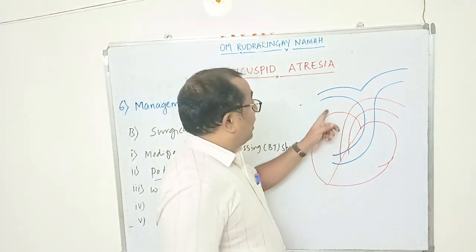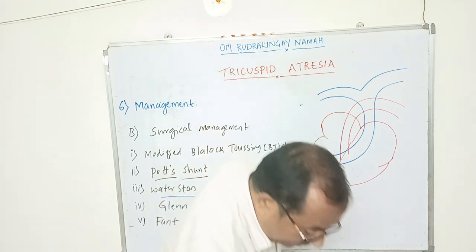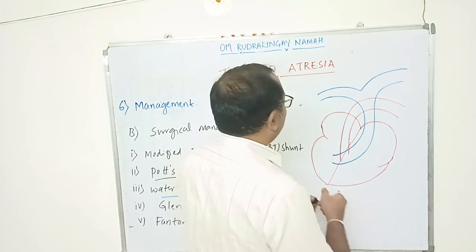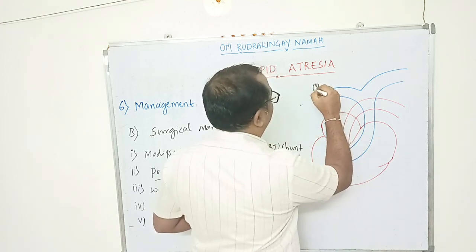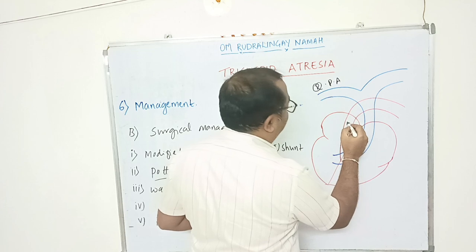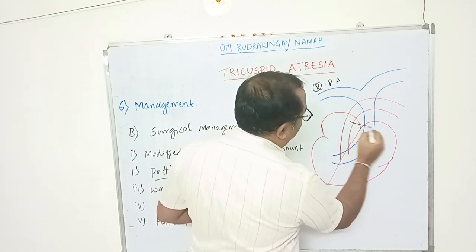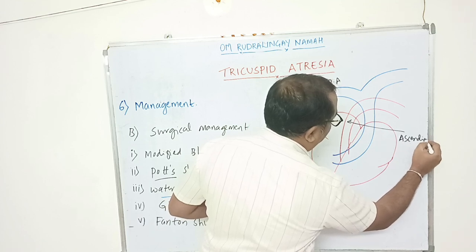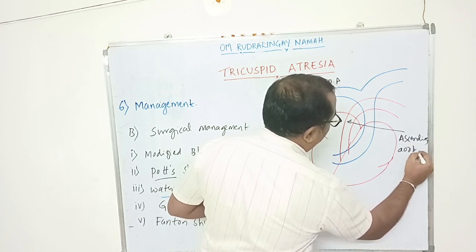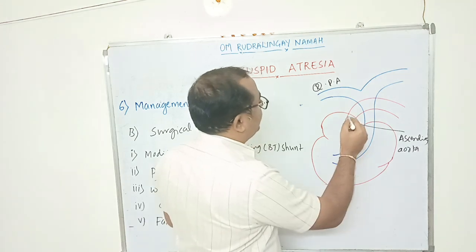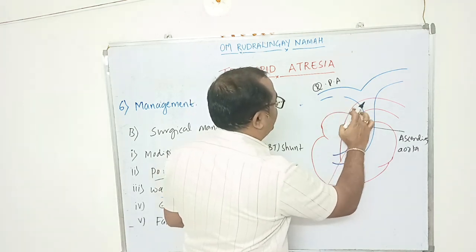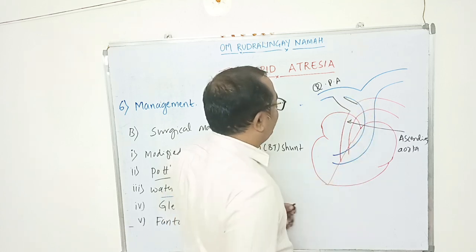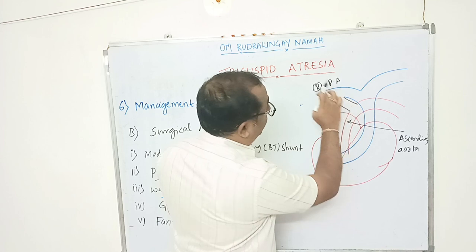Here, an artificial pathway is created between the ascending aorta and the right pulmonary artery. So this is the right pulmonary artery, and this is the ascending aorta. An artificial pathway is created between the ascending aorta and the right pulmonary artery.